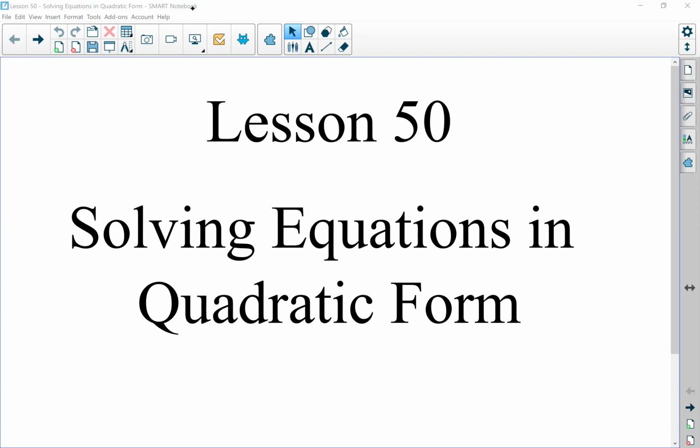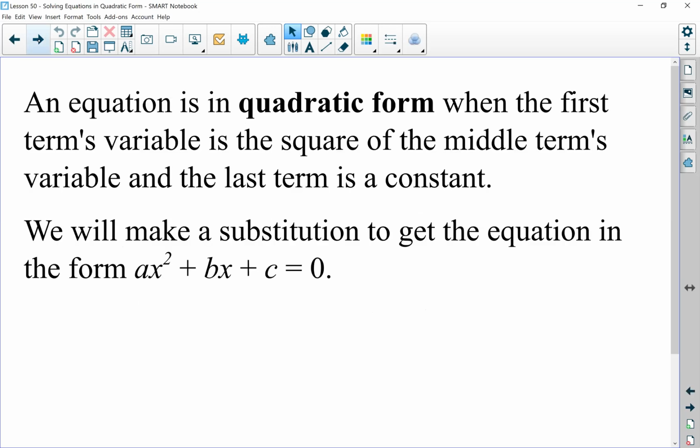All right. So today we're going to solve equations that are in quadratic form, but are not quadratic equations. And you'll see what I mean here in a minute, I think. So when we say that it's in quadratic form, basically what we're looking at is the first term and its variable is going to be the square of the middle term's variable.